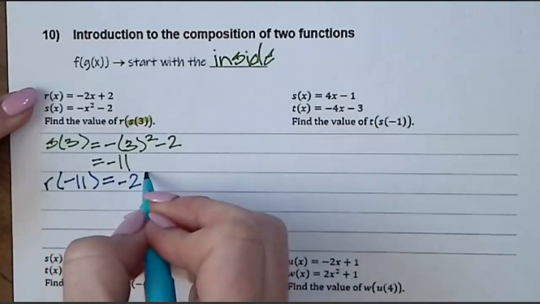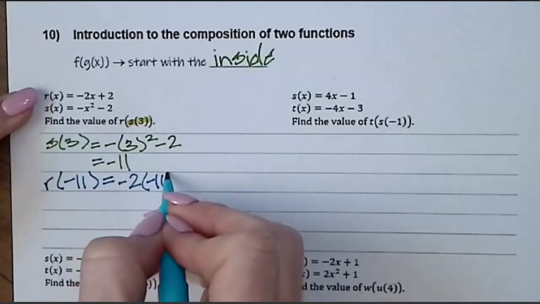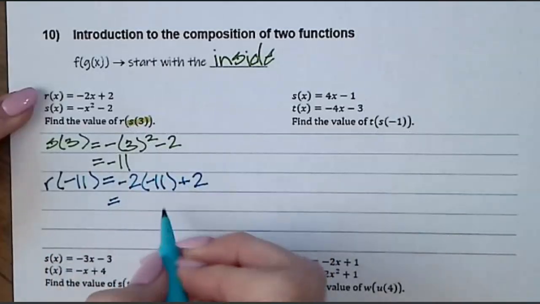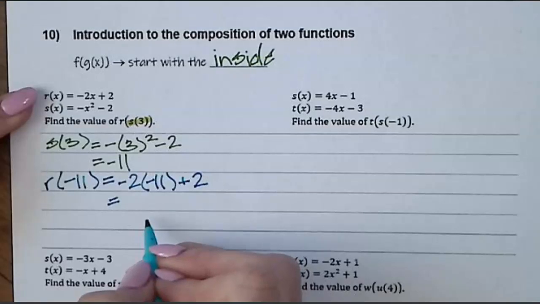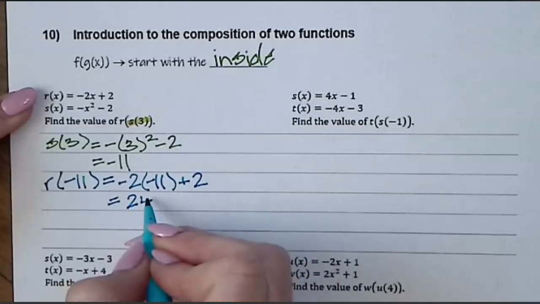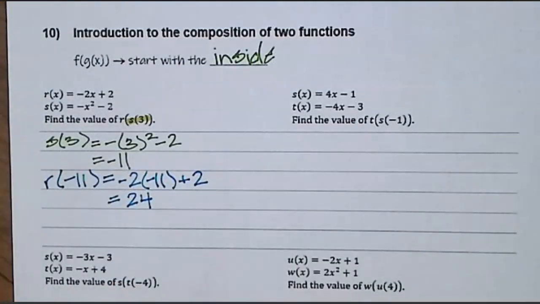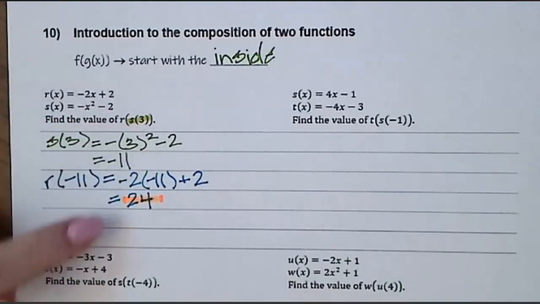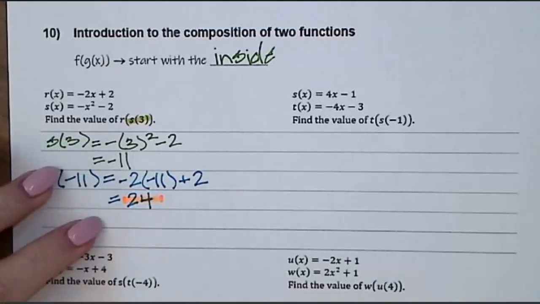So negative 2 times negative 11 plus 2. Negative 2 times negative 11 is positive 22, plus 2 is positive 24. So our answer here is 24. So r of s of 3 is 24.